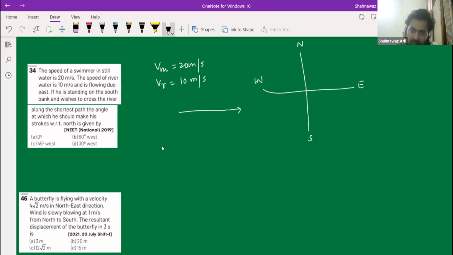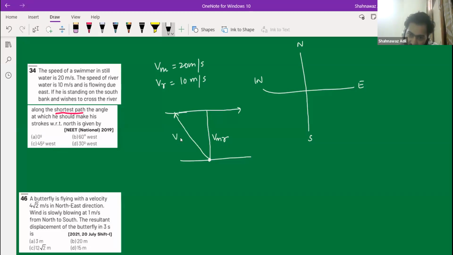This is the flow of the river, and let's say this is the width of the river. He is standing on the south bank, so the man is here on the south bank, and he wishes to cross the river along the shortest path, right? So this is the path, this is the resultant, this is VMR. So the man has to travel at this angle.